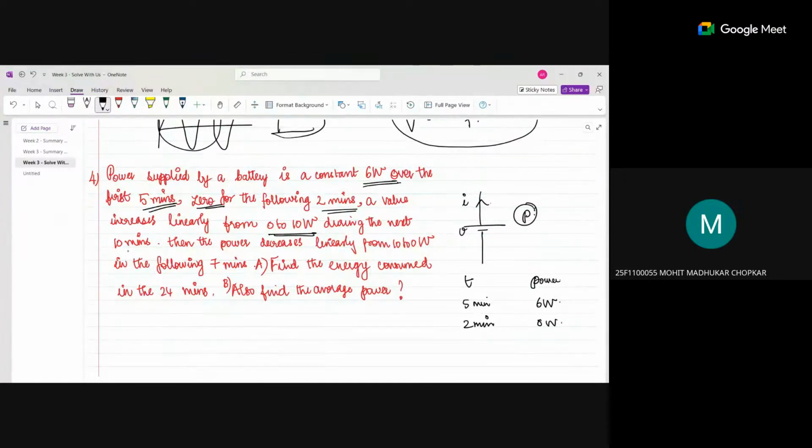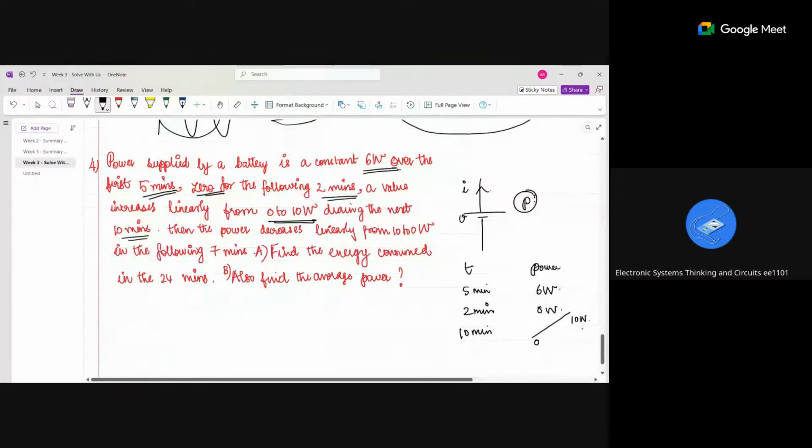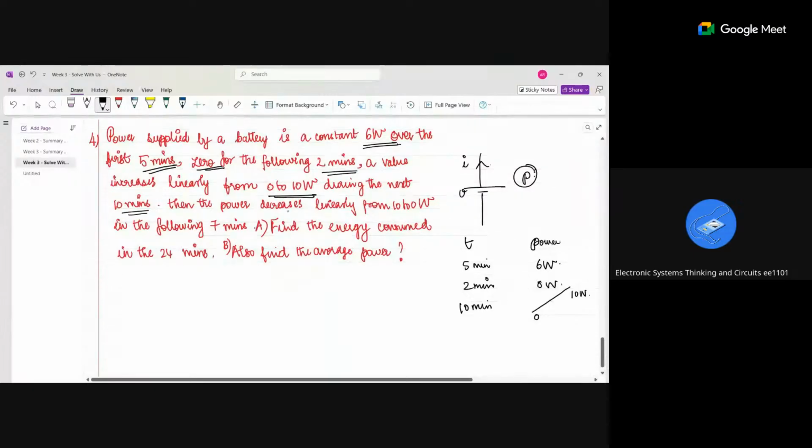That means power increases linearly from 0 to 10 watts. Then during the next 10 minutes, the power decreases linearly from 10 to 0 watts. It happens in reverse.